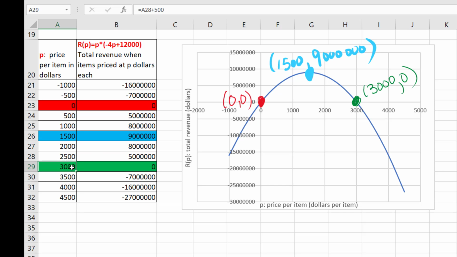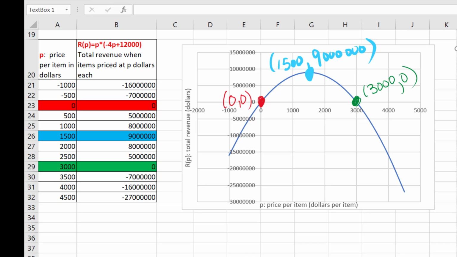And lastly, in green, here on the table, here on the graph is another horizontal intercept. It says when they charge as high as $3,000 per item, their revenue by that point will be 0. It must mean their price is so high nobody's buying them anymore.